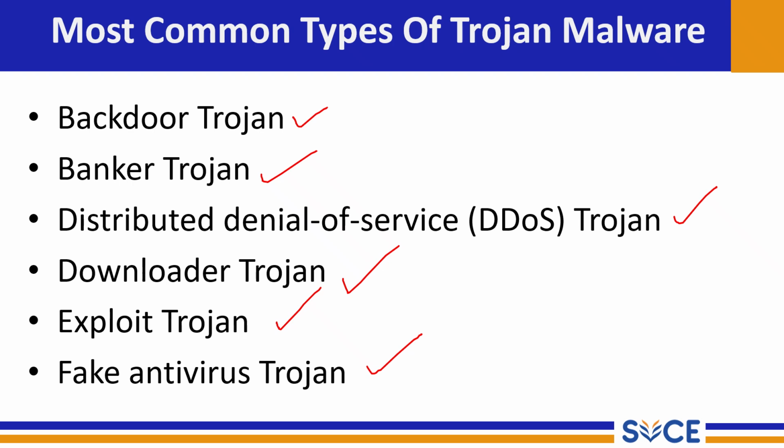The next one is the distributed denial of service Trojan. These Trojan programs carry out attacks that overload a network with traffic. They send multiple requests from a computer or a group of computers to overwhelm target web addresses and cause a denial of service.